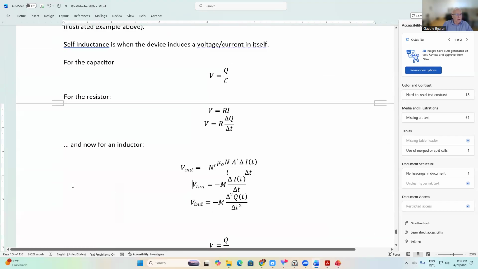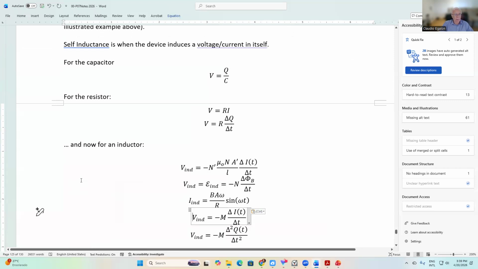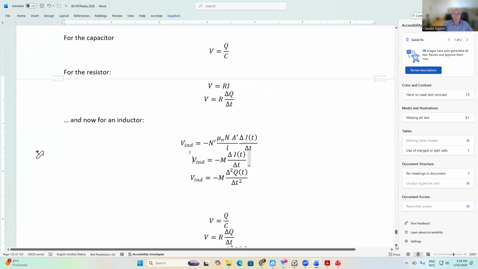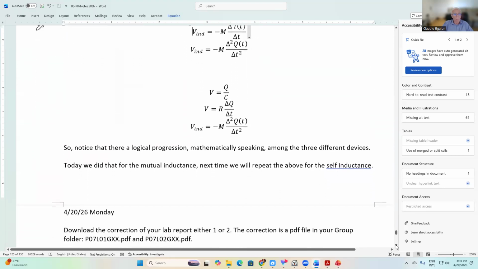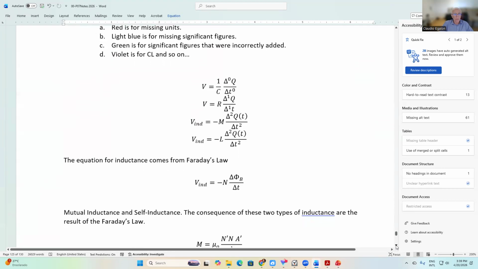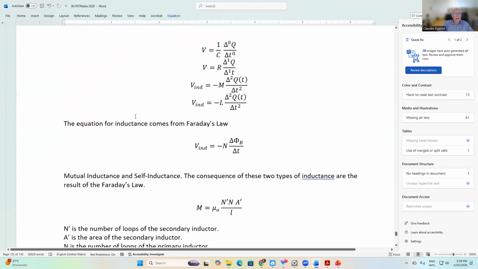Okay, here you go. Another way of writing up Faraday's law. And then we have self-induction as well.